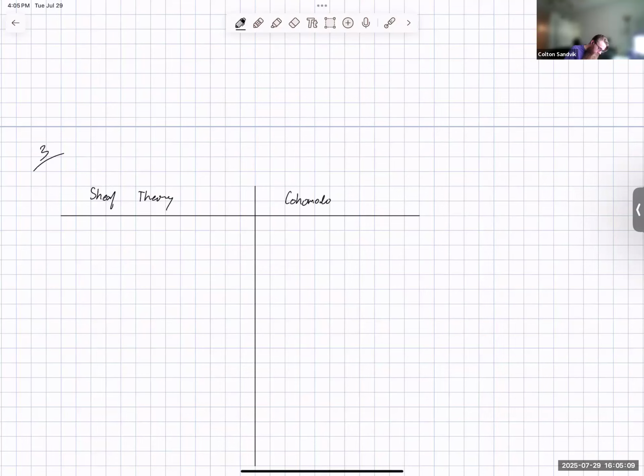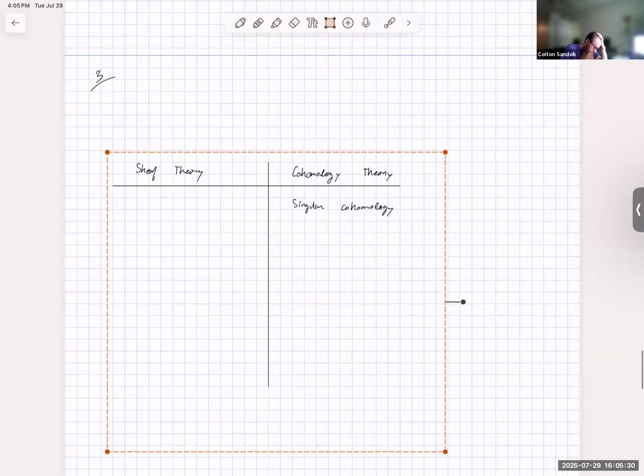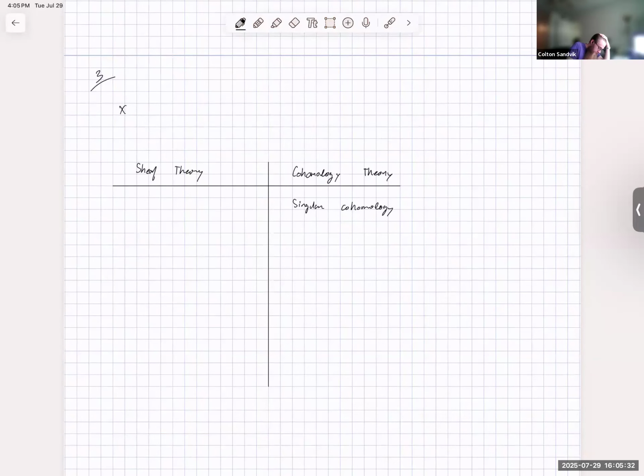And so the example that we've been going through so far is singular cohomology. And the sheaf theory I fundamentally want to associate to this is like, maybe we think of X as an algebraic variety or scheme or stack, maybe over either C or F_p bar or something like this.